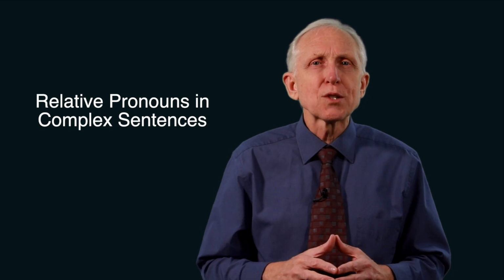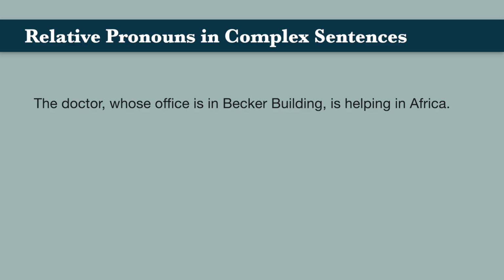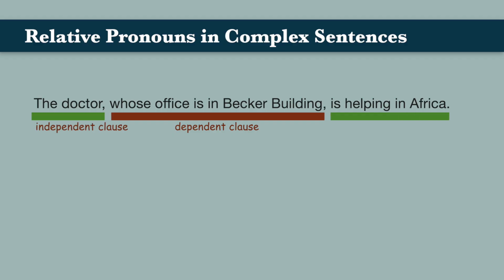There's just two more things we need to talk about. The first one is using relative pronouns in complex sentences. For example, the doctor whose office is in Becker Building is helping in Africa. Here, whose office is in Becker Building is the dependent clause. The doctor is helping in Africa is the independent clause.